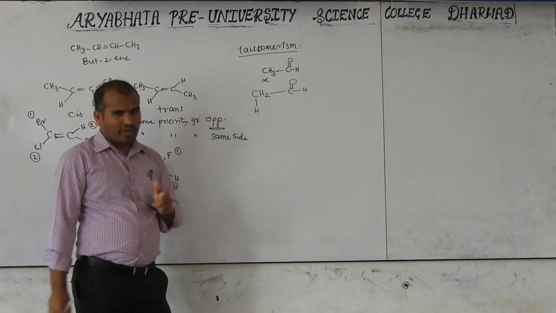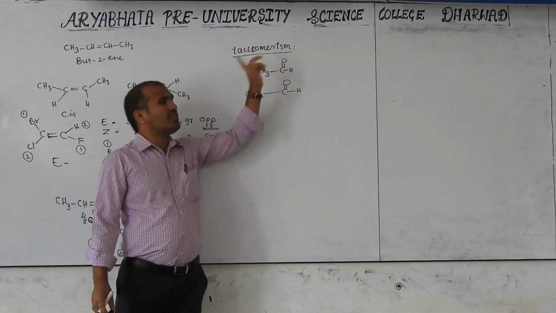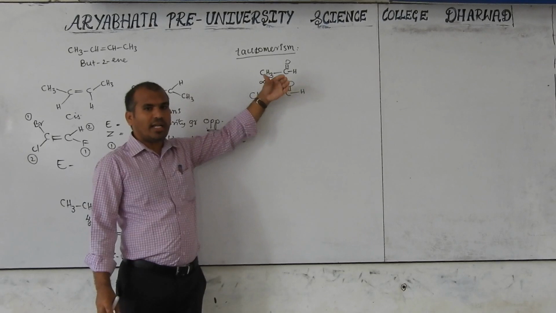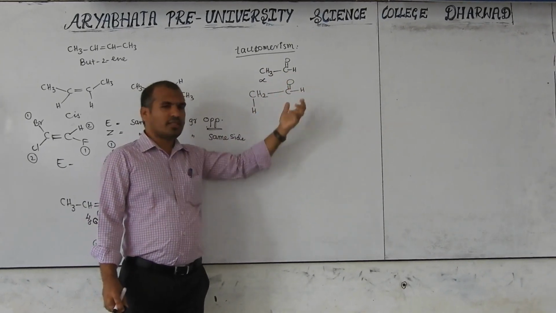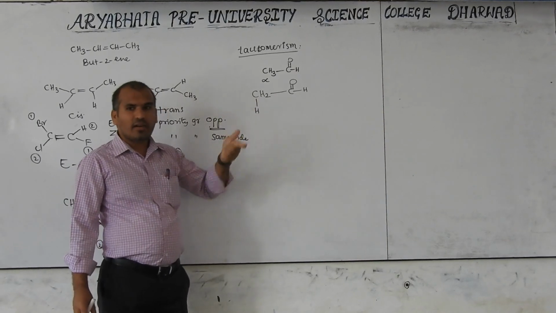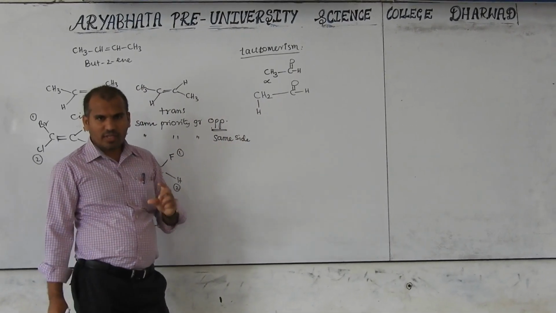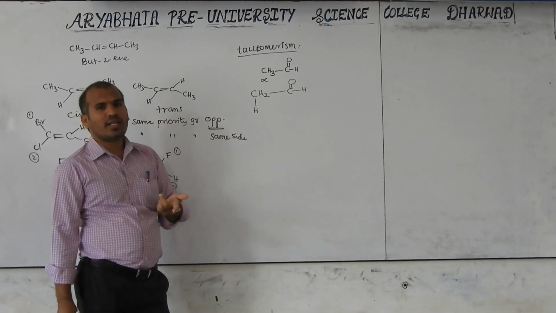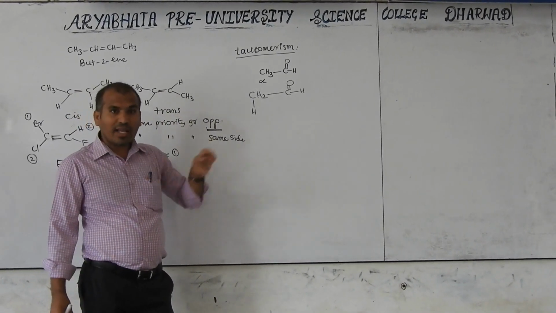I already told you the requirements for this tautomerism. A double bond is required, with an electronegative atom like nitrogen or oxygen, along with an acidic alpha hydrogen. An acidic alpha hydrogen can easily be lost as a proton. A proton donor is known as an acid, so that is called an acidic proton.